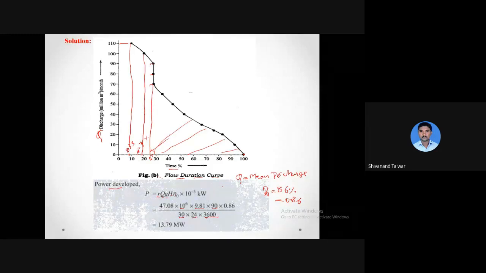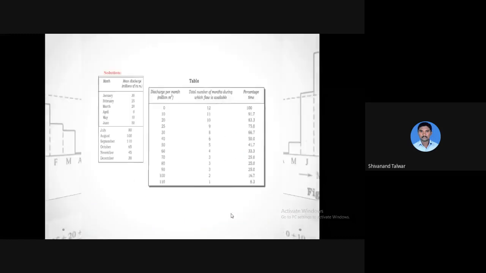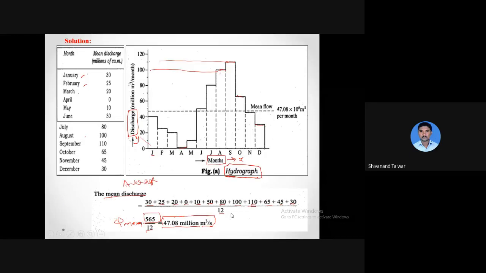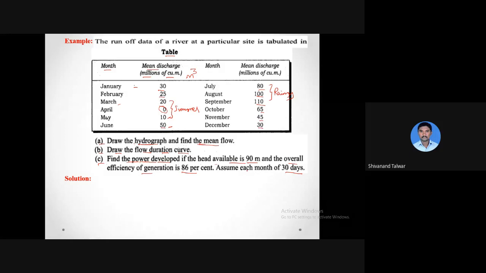Okay, so 3600 is for kilo. Normally this will be in terms of kilowatt hour. So what was given? We have to assume that each month is of 30 days.